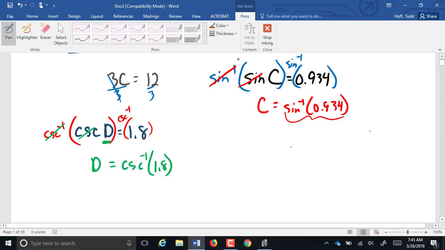So for the cosecant, we use the sine. Remember, cosecant is 1 divided by sine. So what we can do is we can just do 1 divided by the inverse sine of 1.8. Actually, that doesn't work. It has to be the inverse sine of 1 divided by 1.8.